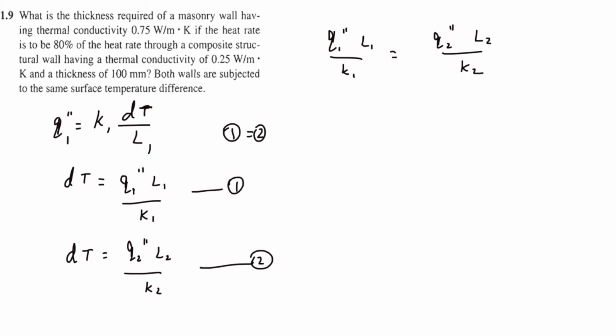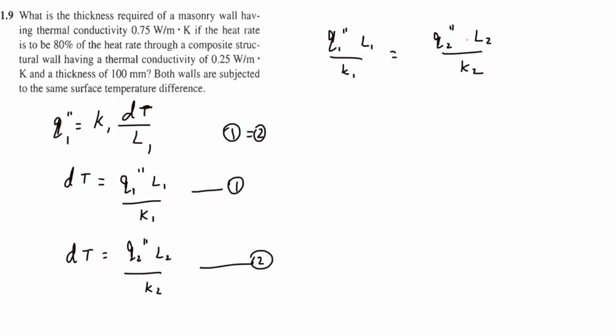Now here they have provided k and then the percentage of the heat rate. They say it's 80% of the heat rate here, and it's 80% of this one. So it means this is going to be 100% and this is going to be 80%.